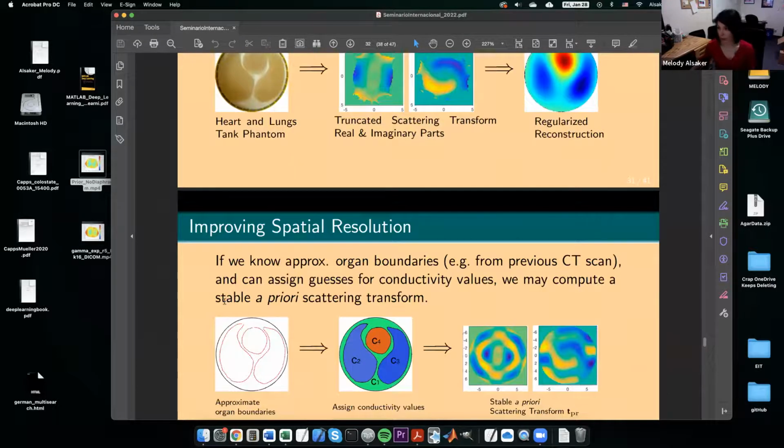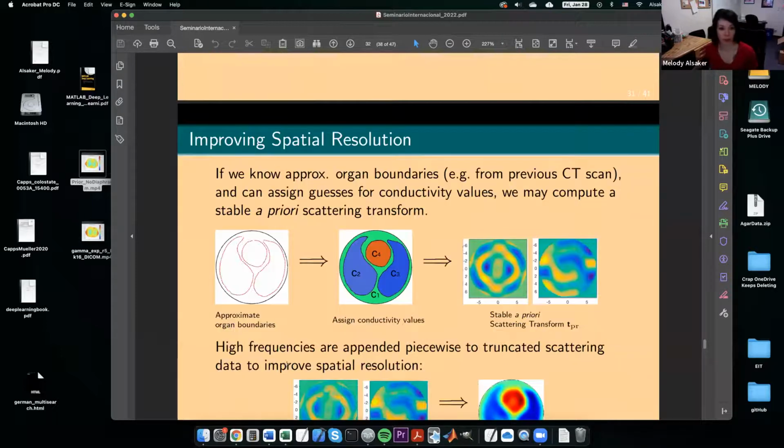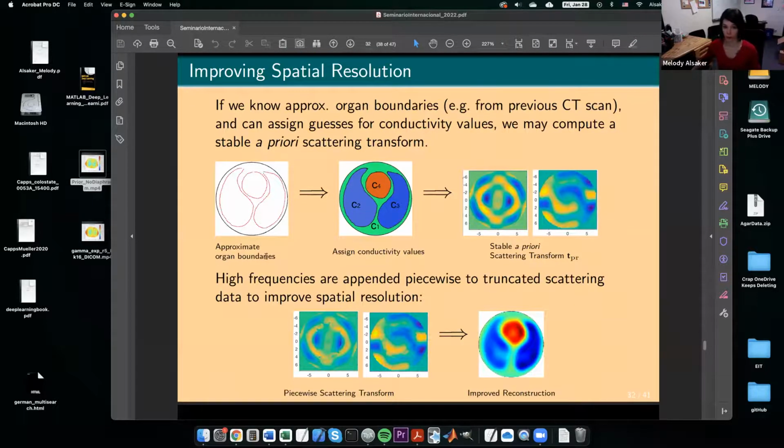So one of the things that I've worked on in recent years is improving the spatial resolution by replacing the high frequency components of the scattering transform with a priori data.